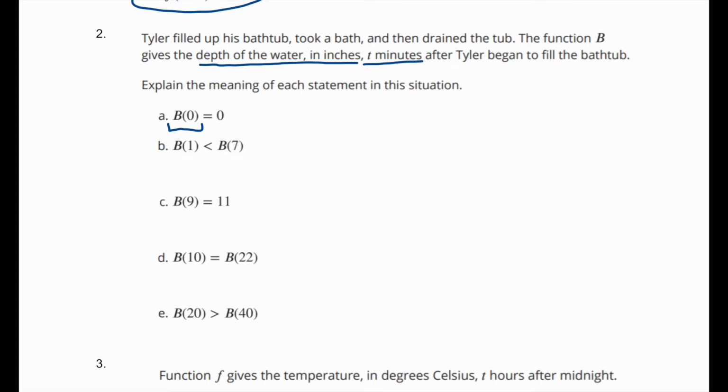You can say at 0 minutes the water was 0 inches, but I'm going to phrase this in a more reasonable way, or a less mathematical sounding way.